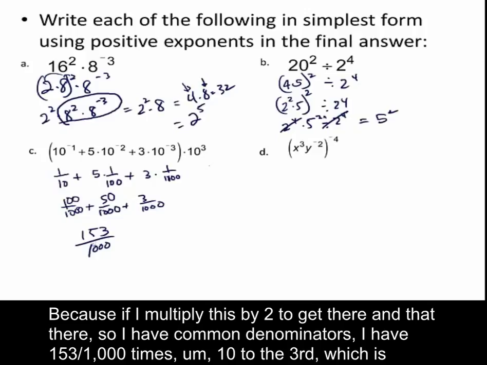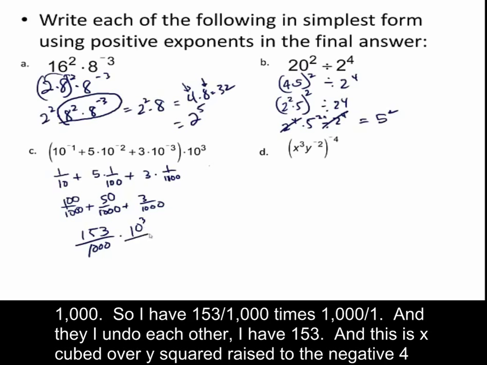I have 153 thousandths times 10 to the third, which is 1,000.